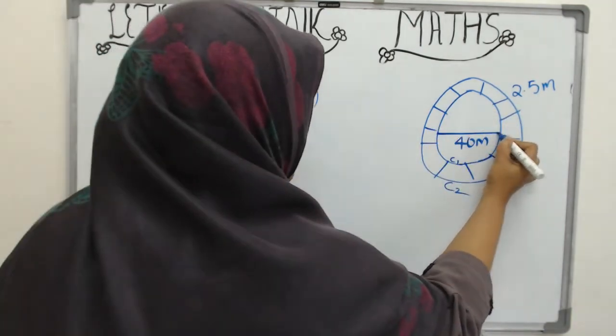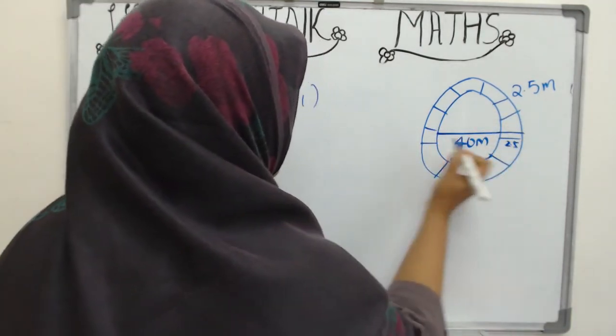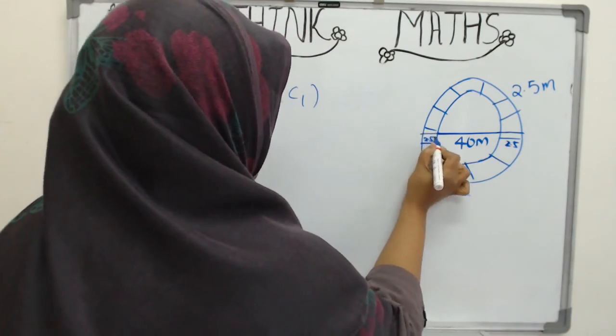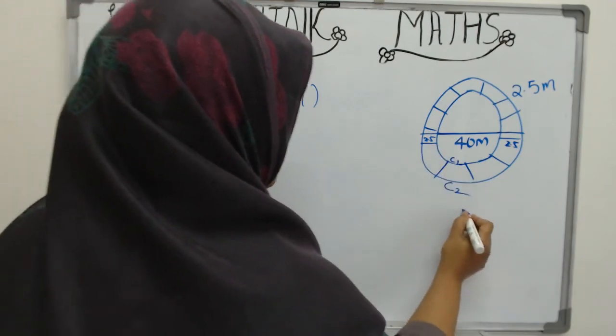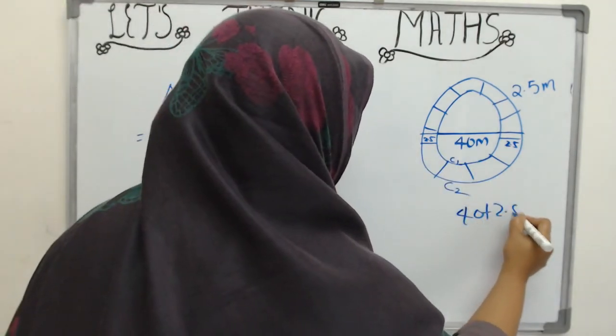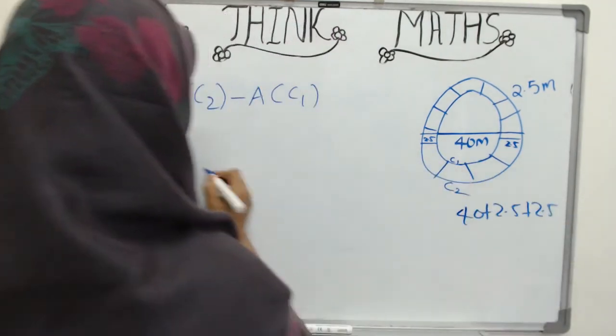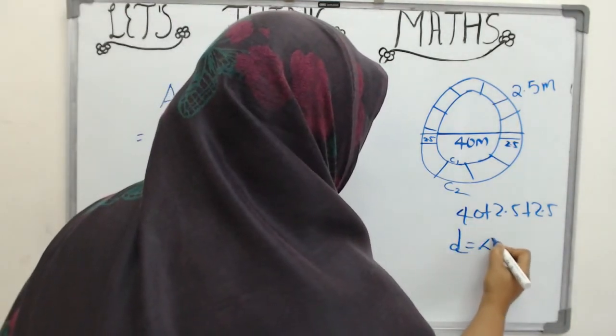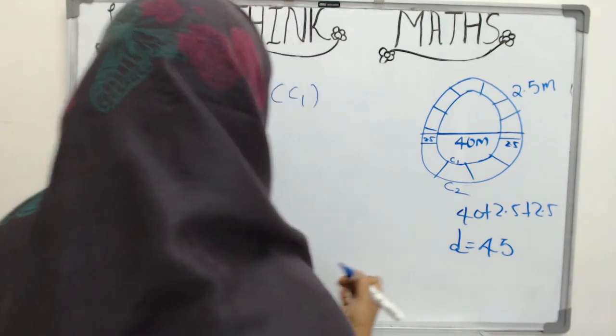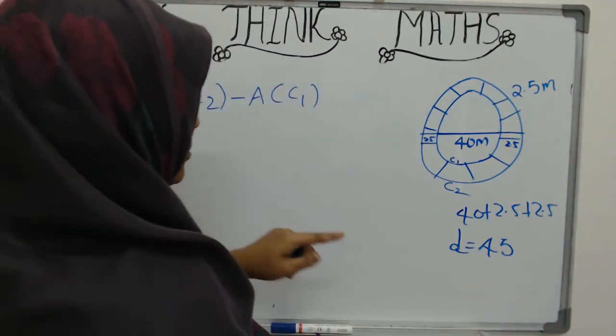So see, here a 2.5, here a 2.5, then totally it will be 40 plus 5. 40 plus 2.5 plus 2.5. So that will give you diameter 45. But then for area, what do you need? You don't need the diameter.